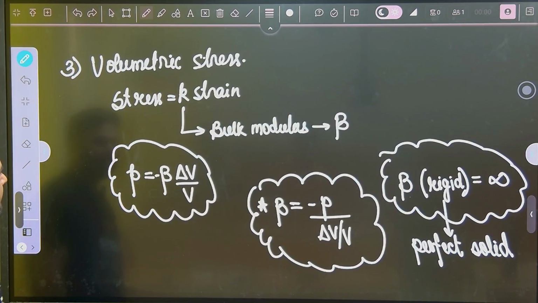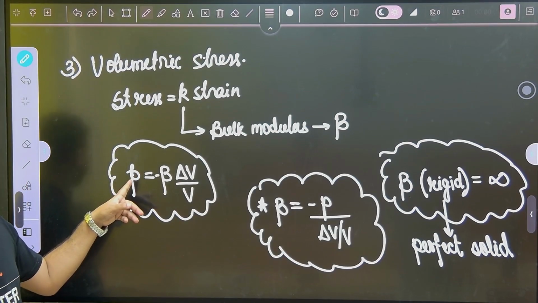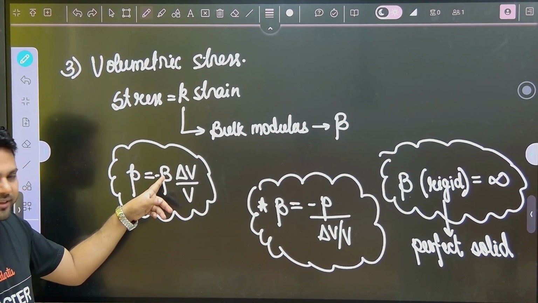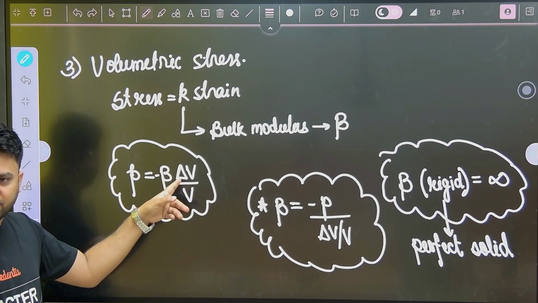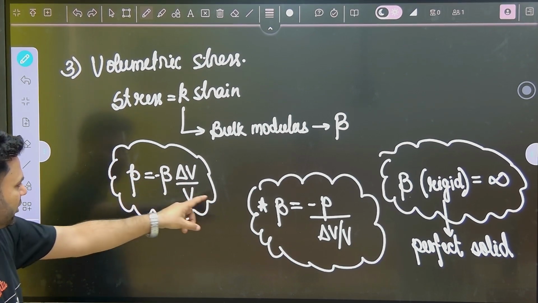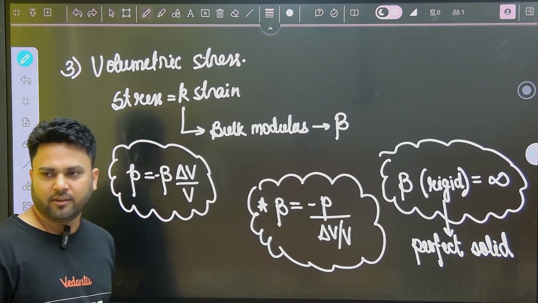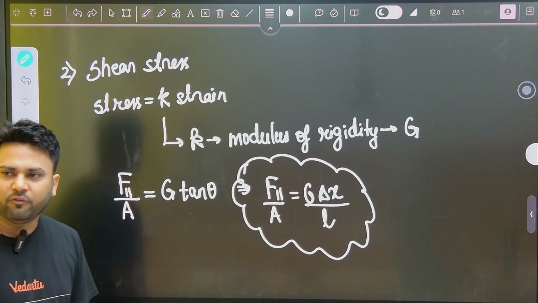Then this formula for volumetric stress: pressure, that is stress, equals some constant, that is bulk modulus, multiplied by strain, delta V by V. So they can ask bulk modulus, so bulk modulus will be P divided by delta V by V. All these are questions only, I am saying. They will just give you values.